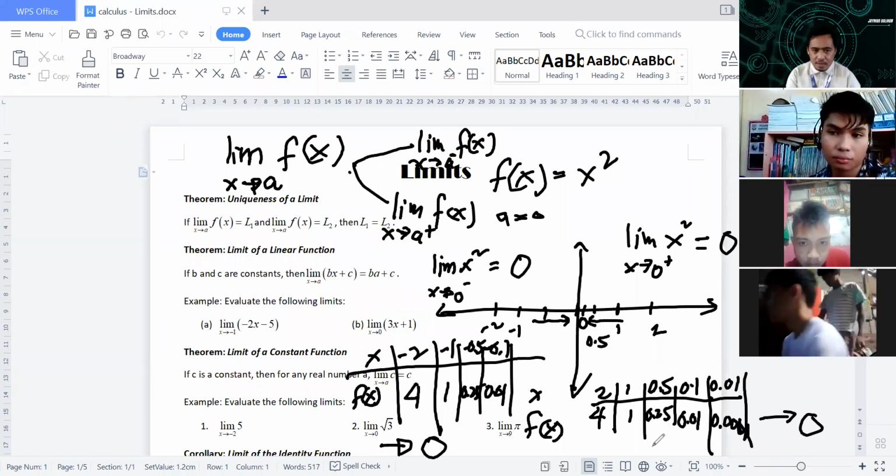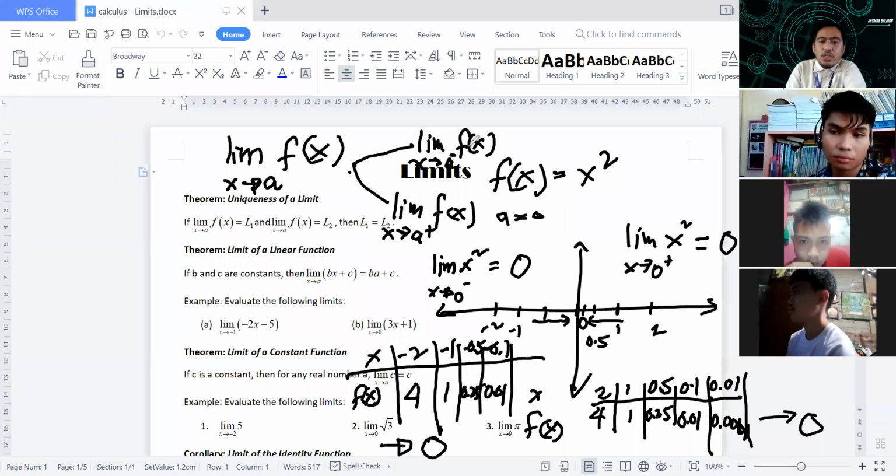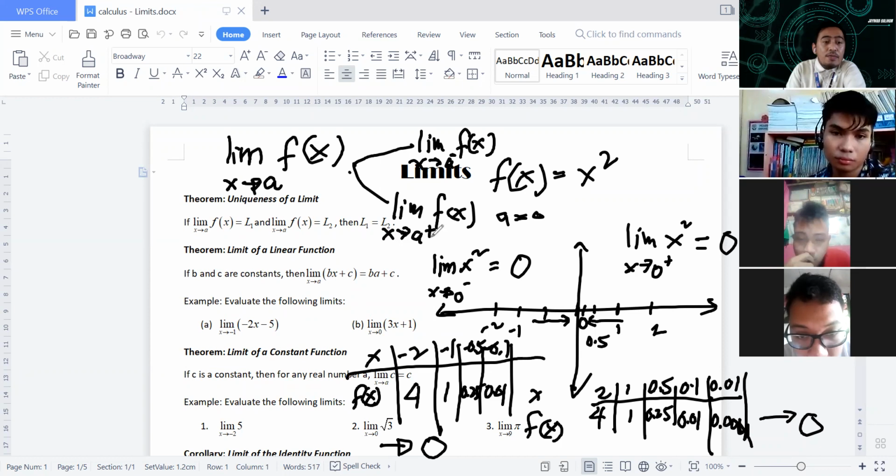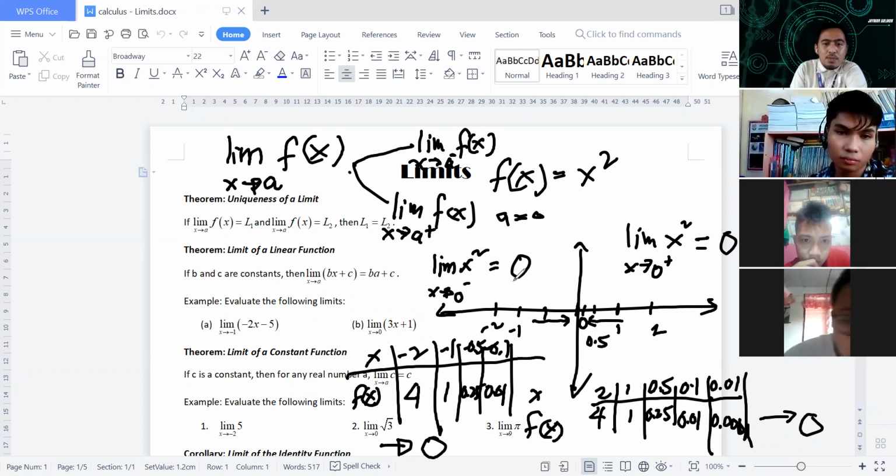And I said a while ago, if the limit of your function f of x as x approaches a from the left-hand side, and the limit of f of x as x approaches a from the right-hand side coincide, if their answers are the same, then the limit must be the same number.